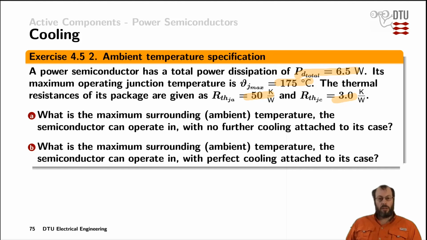The power electronics product is readily designed, and you're supposed to write the specification, the datasheet, the technical details for the end user. So which maximum ambient temperature, which surrounding temperature, is the end user allowed to use the product in if there is no further cooling on the power semiconductors? Or if you could apply perfect cooling, how high would the maximum allowed ambient temperature be that the user can use this converter in?